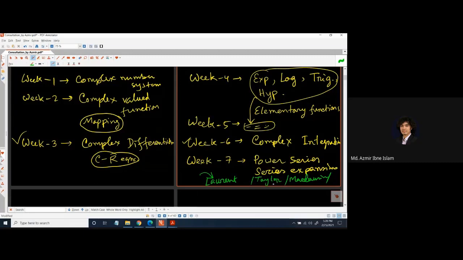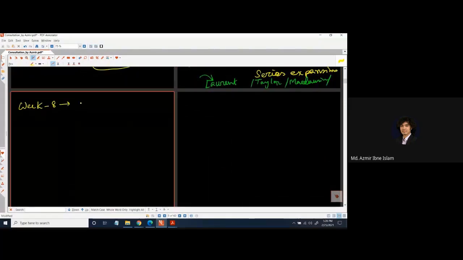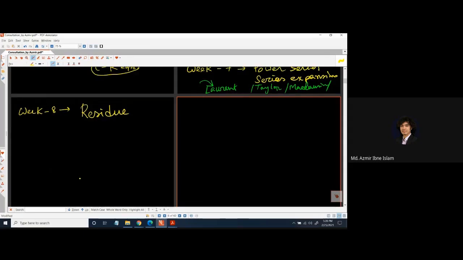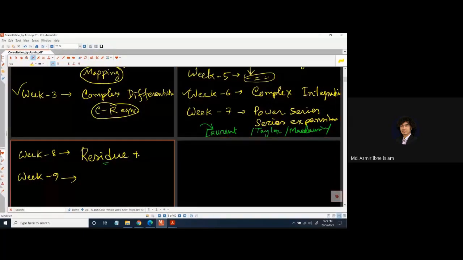You already have the pre-idea about Taylor series and Maclaurin series, but in week 7, you will see how we can construct Laurent series. After week 7, you will learn a content that is known as residue. So this term is totally new to you. Besides residue, we will learn about Cauchy's residue theorem. That is, in short, we can say CRT, Cauchy's residue theorem.